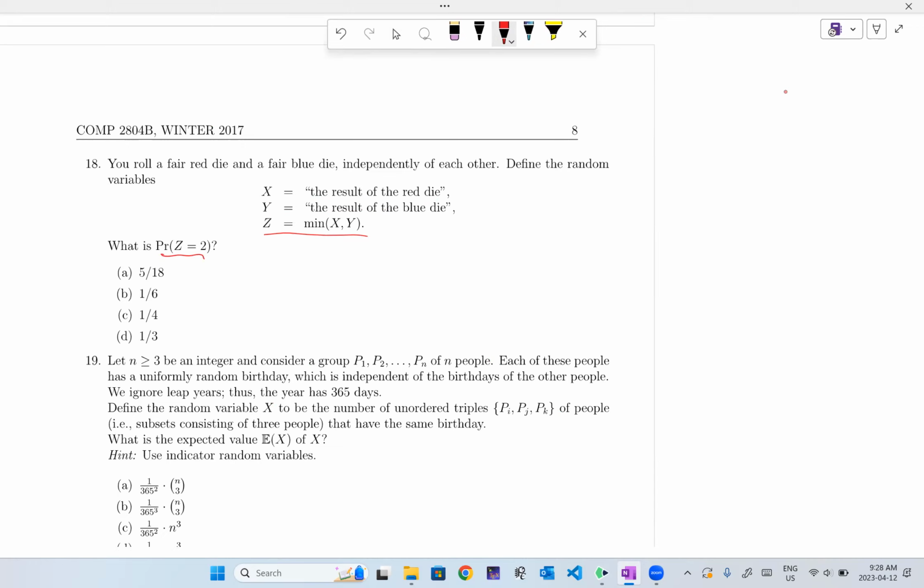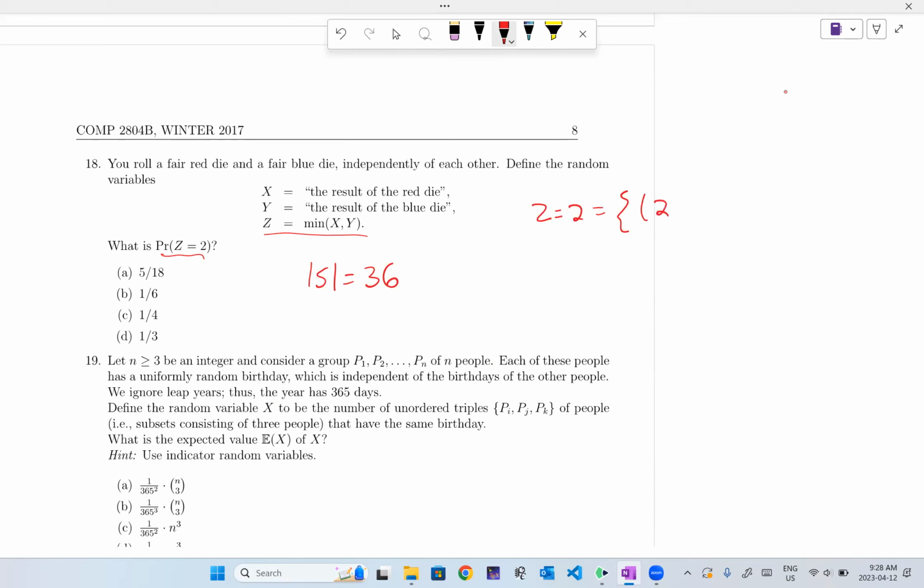So we know our sample space, all possible outcomes of a red and a blue die being thrown, is 36. And then I just want to count this event Z equal to 2.